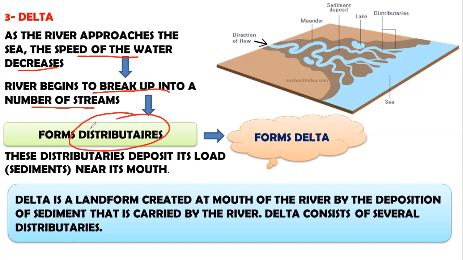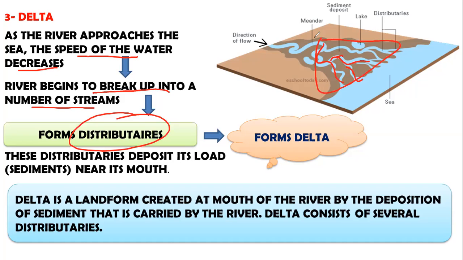Distributaries are always formed at the mouth of river, the place where river is about to meet the sea. Because river does not have enough speed now, it divides itself into distributaries, and this triangular landform is known as delta.